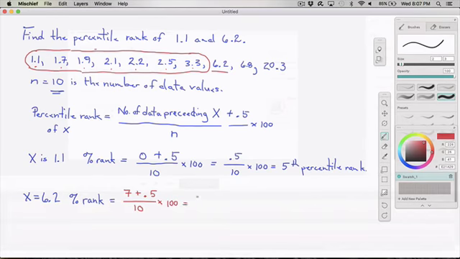So that's going to be 7.5 divided by 10 times 100, and if you take 7.5 and divide by 10, it moves the decimal one position to the left. You multiply it by 100, it moves the decimal two places back to the right. And so we could say that a value of 6.2 would place us in the 75th percentile, or percentile rank.